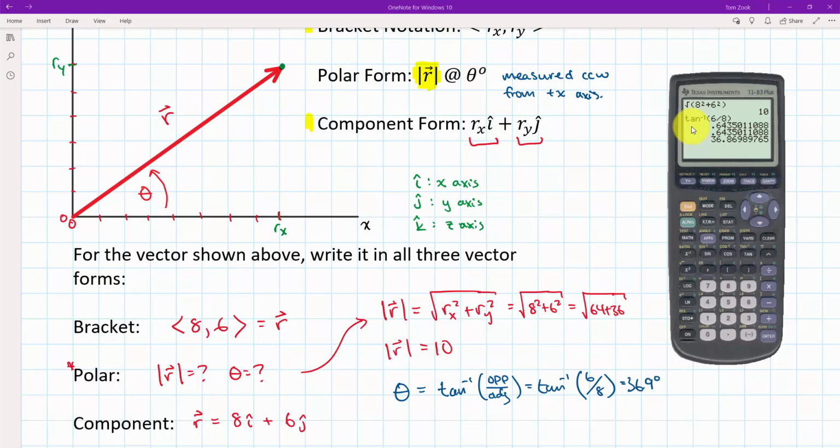So for our polar form, we would say that this is 10 at an angle of 36.9.